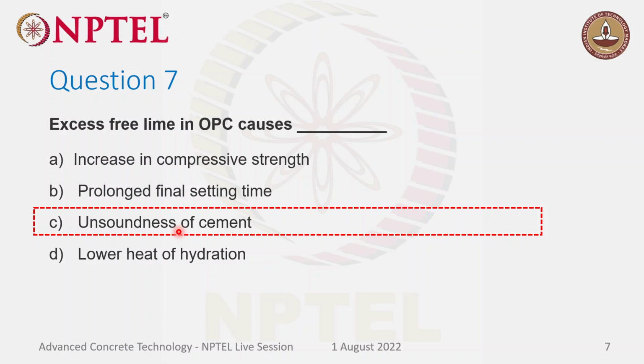How do we identify this in practical fields? I'm working as a site engineer, casting one of the structures. How do we identify excess lime?